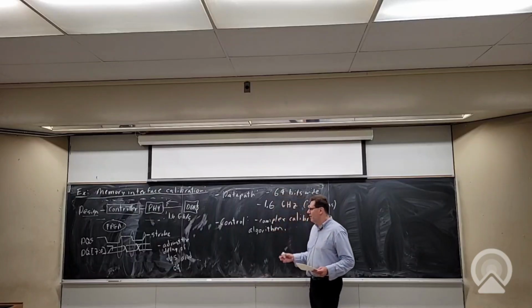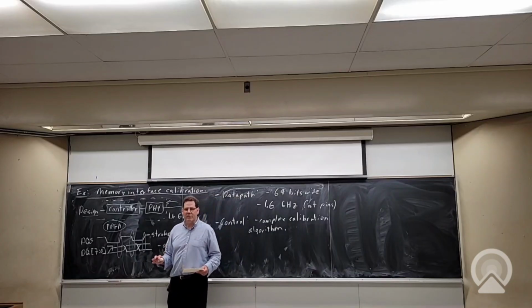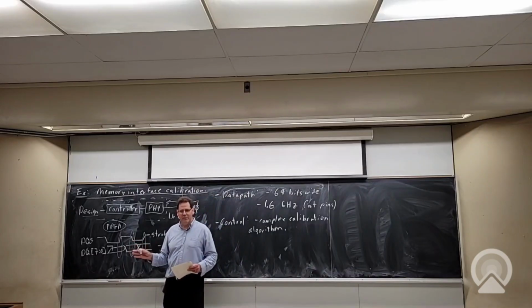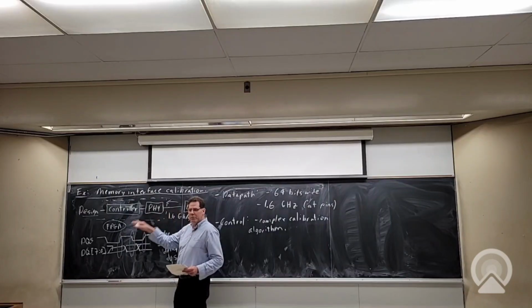It's complicated because it's some secret sauce. You can't actually go find somebody publishing their best calibration algorithm. You write things to this with certain timing. You read back data. You see if you get what you wrote.